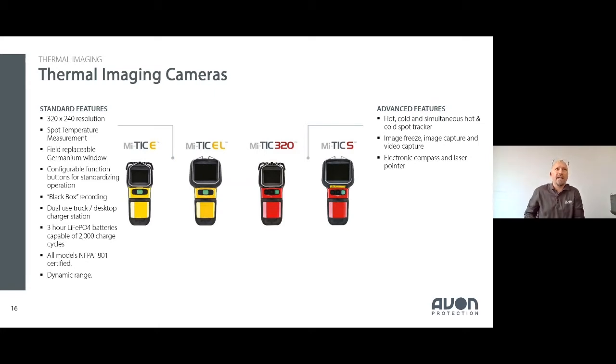I can't remember the exact resolution. So the sensor resolution is actually greater than the display itself, which on all these cameras is 320 by 240. But what we do is we crop the sensor to give it a 1-to-1 ratio. So 1 pixel of the sensor corresponds to 1 pixel of the display.